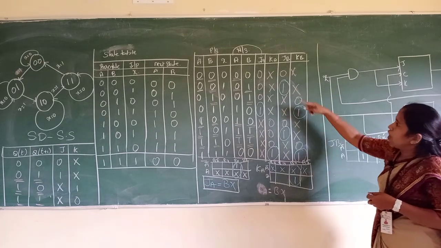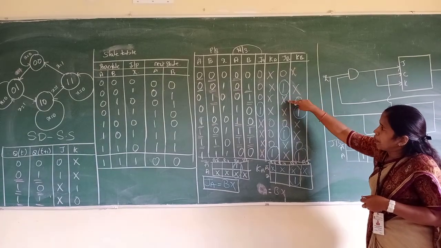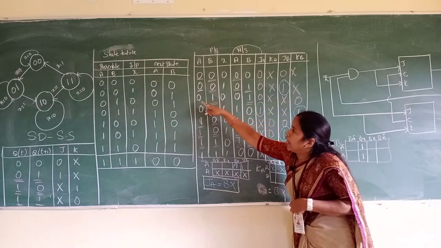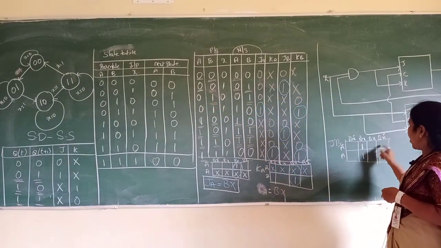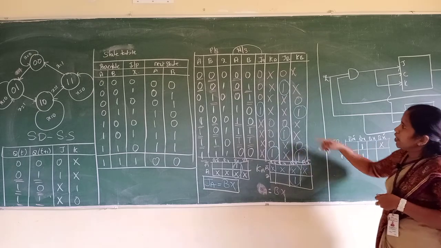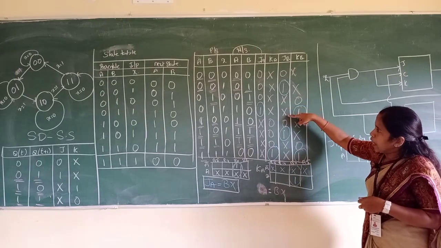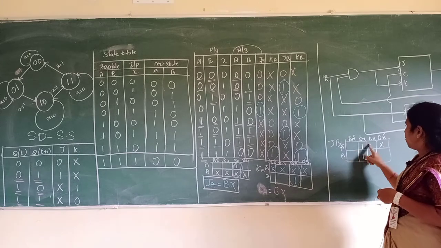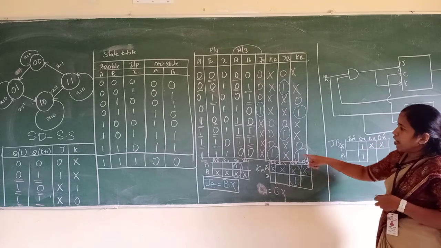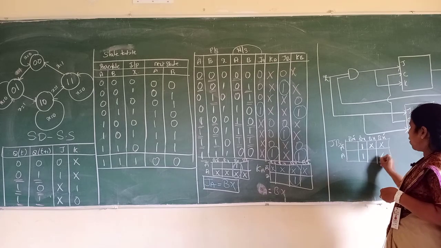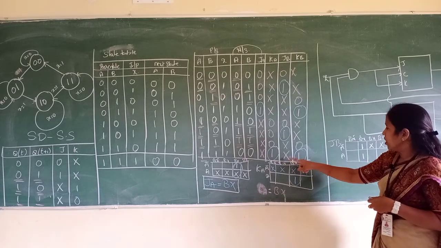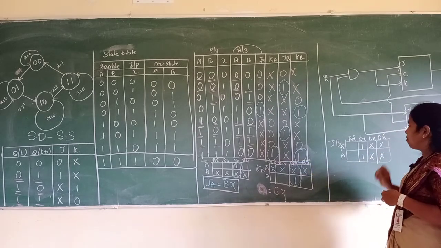Now where do you have X's? In 4 places you have X: A bar, B, X bar; A bar, B, X; A, B, X bar; and A, B, X.